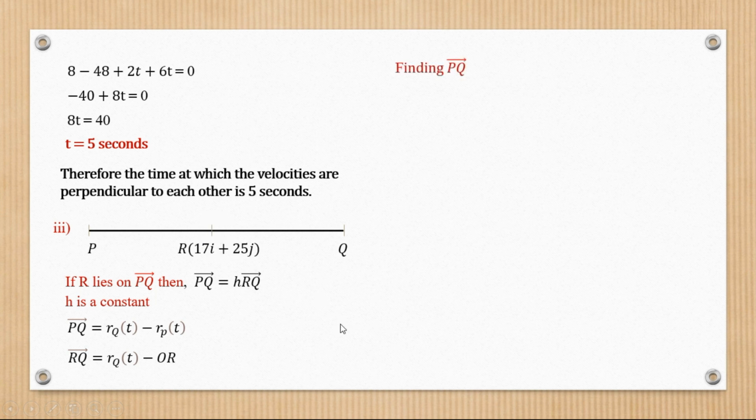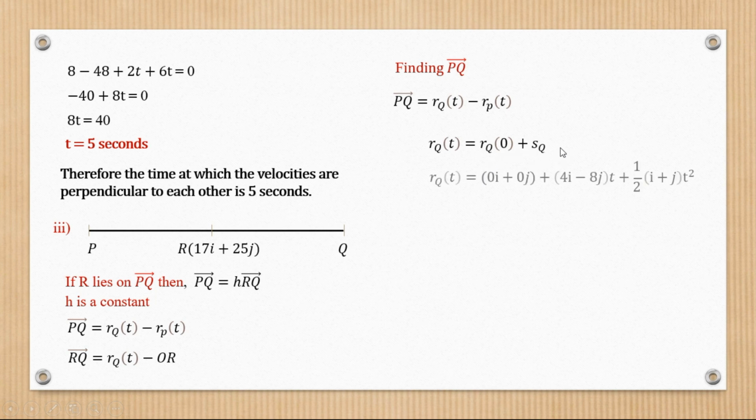So now, first of all, we're going to find what PQ represents. First, we're going to find what RQt is, and then we're going to find what RPt is. You can remember that RQt shall be equal to RQ0 plus SQ. Now we know the initial position vector, it began from the origin, so we'll have 0i plus 0j, and then SQ is the same as the second equation of motion, which is ut plus a half at squared.